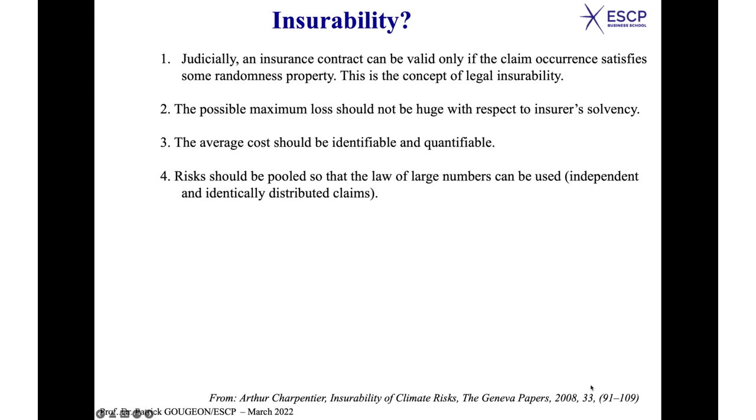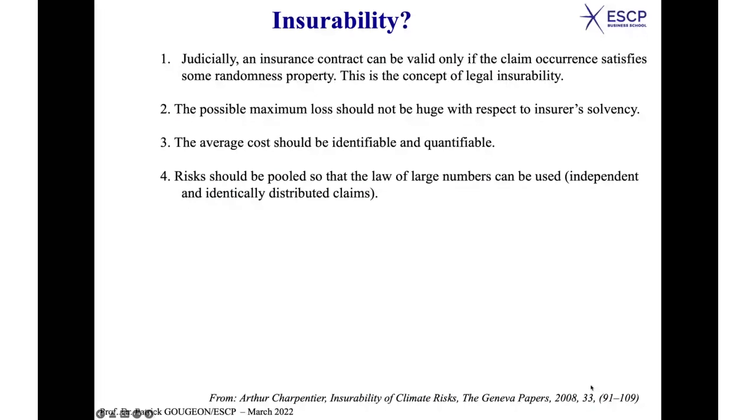That's why, for instance, if you insure your house for fire or whatever, the insurer might provide insurance for that, but the case of war would be excluded. Why? Because we know that if there is a war, all the houses in a region might be destroyed at the same time.